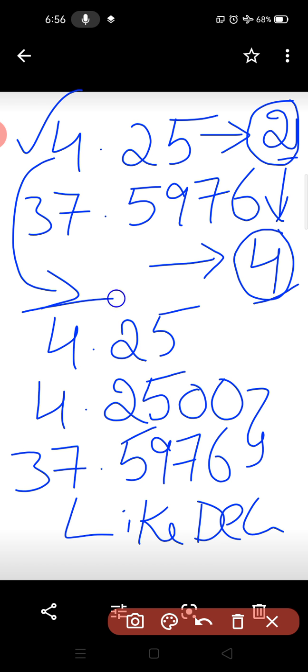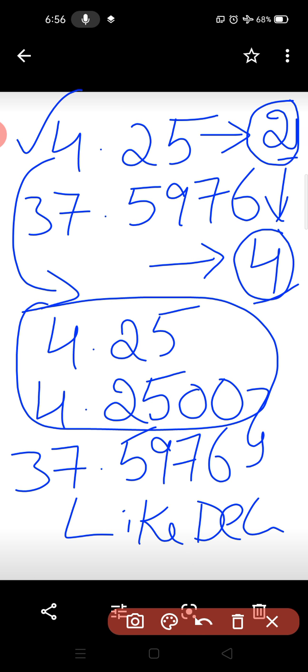By adding two zeros to the right of the fractional part, the value of 4.25 does not change. 4.25 and 4.2500 are both the same. This is the way to convert unlike decimals to like decimals, simply by adding zeros to the right of the decimal numbers. For which number do you have to add? The number which has fewer digits in the fractional part.